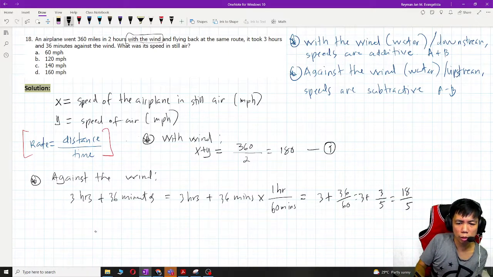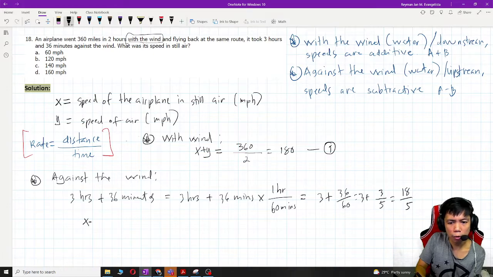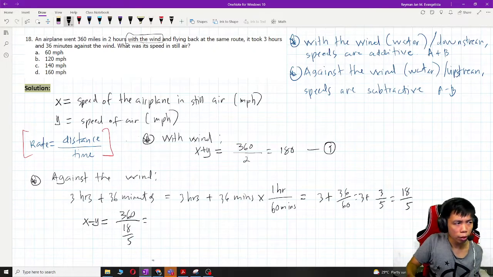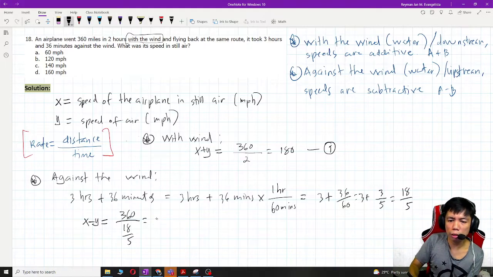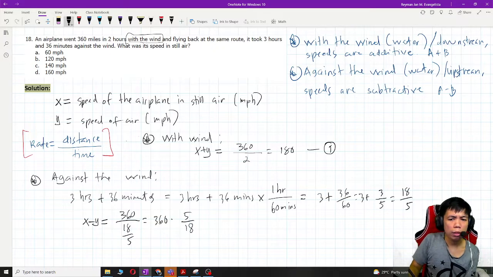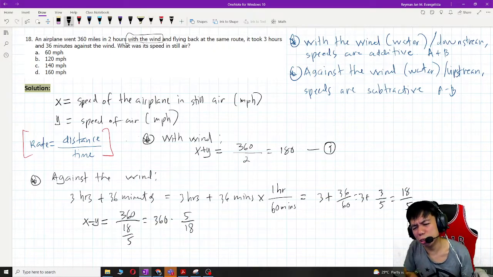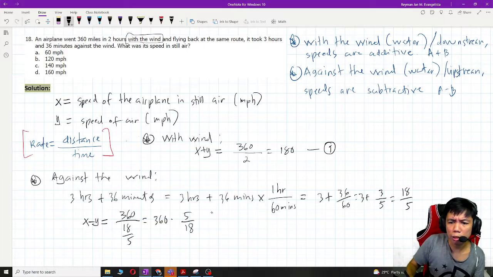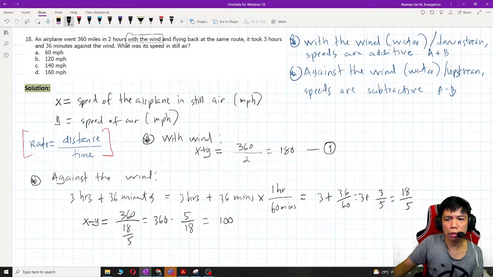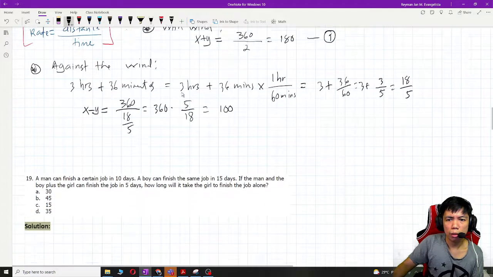Pag against the wind, the relative speed is x minus y. Yung ating distance is 360 miles over the time 18 over 5. So 360 over 18 over 5 is the same as 360 times 5 over 18. 360 over 18 is 20, times 5, that is 100.